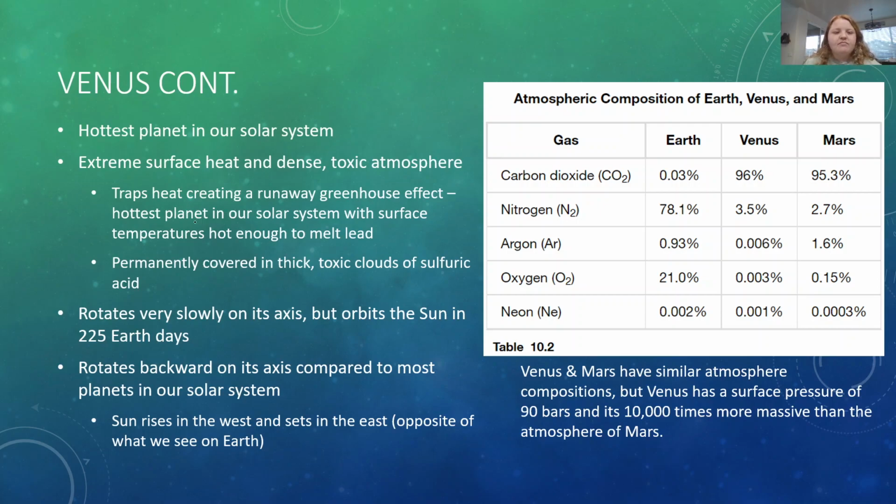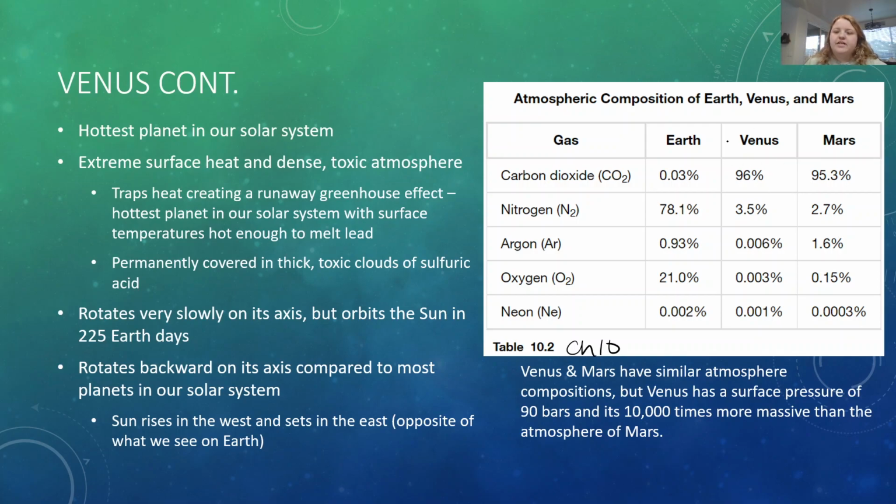It traps heat inside, and that's due to the composition of the atmosphere. So if you look here on this table, this is table 10.2, chapter 10. We can look at the different atmospheres.